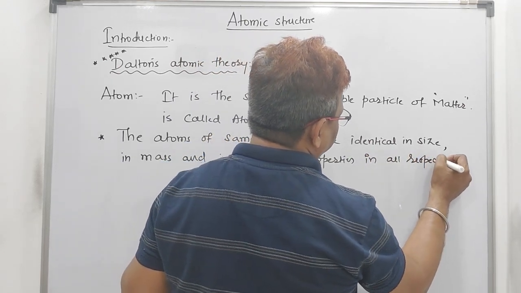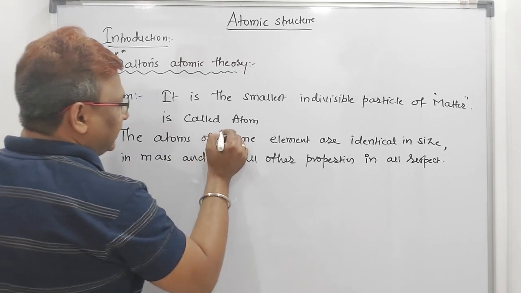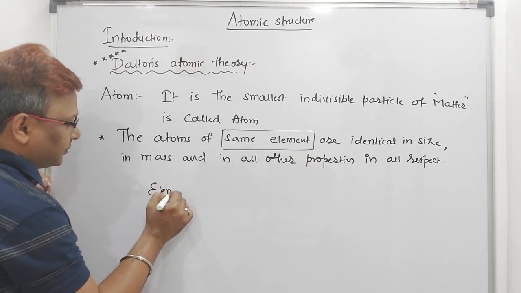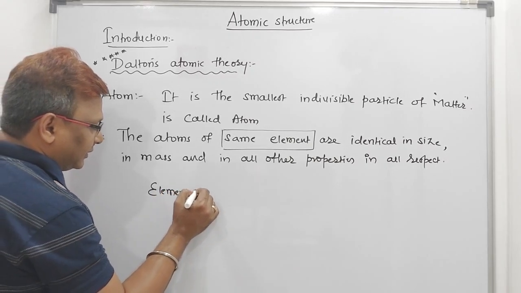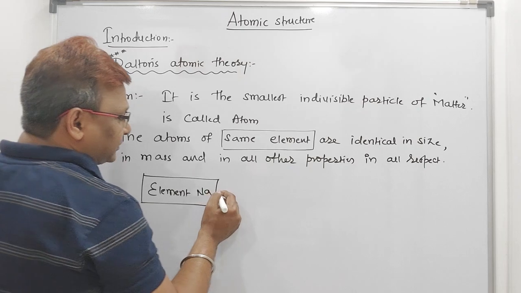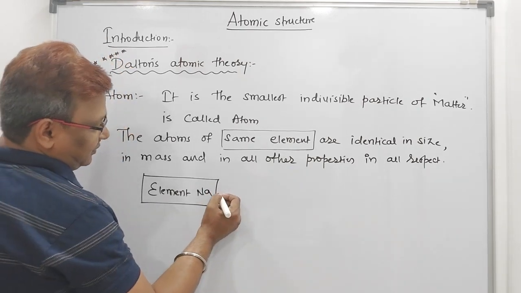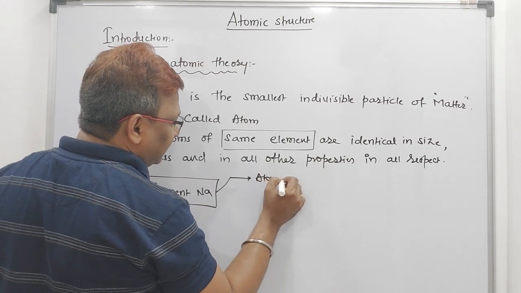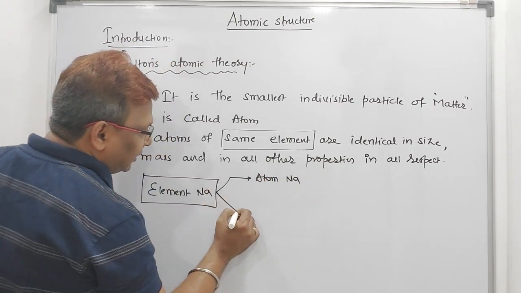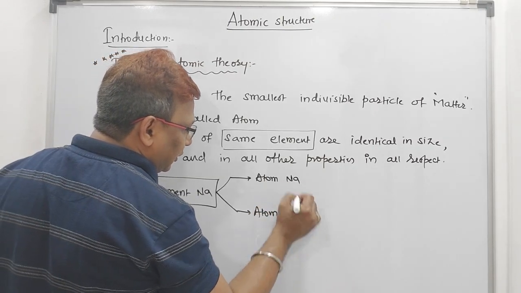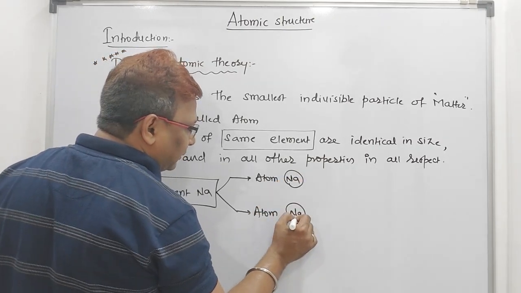I'll explain what it means. Suppose I have an element of sodium. Do you know what an element is made up of? An element is made up of atoms. Let me say it has one atom of sodium, and another atom of sodium. I want to draw it this way: atom of sodium, atom of sodium.